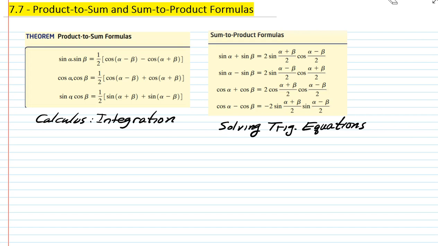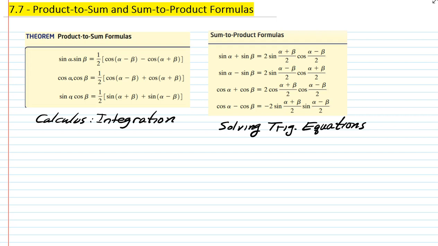And the sum to product formulas on the right side, we typically use to solve trig equations. Because this is a pre-calc course, we're not going to do the integration part, that's for calculus, but we will do just a few. This is not going to be a long video, in fact probably one of the shortest videos I have about this section. We're just going to solve some basic trig equations with it.